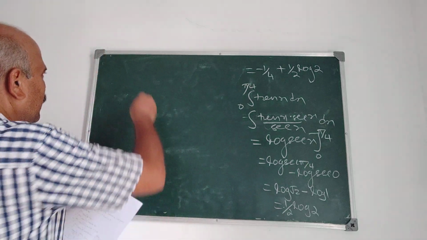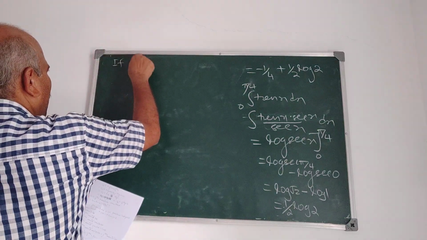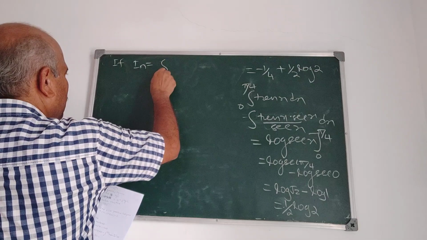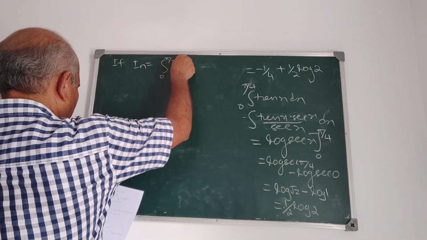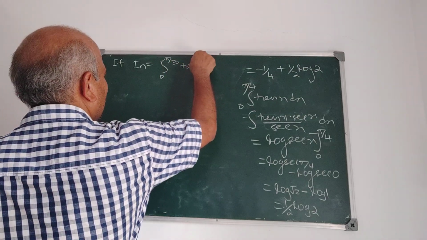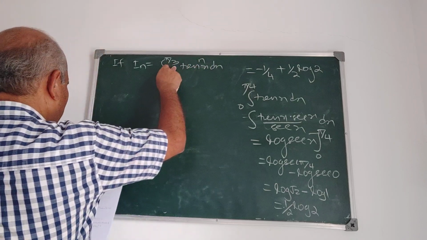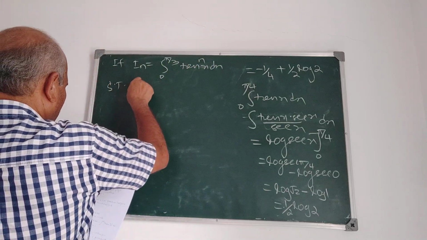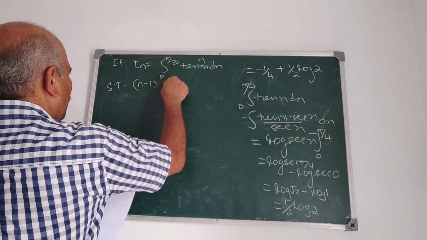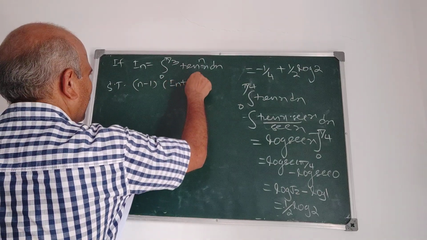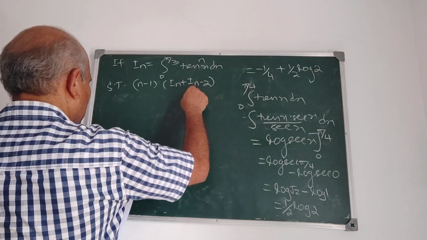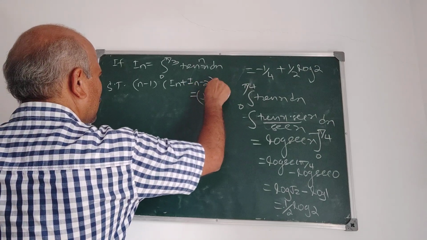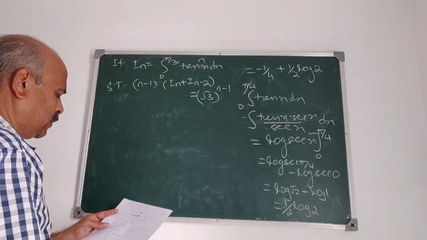Next is, if In is integral 0 to pi by 3 of tan x raised to n, show that (n minus 1)(In plus In minus 2) is equal to root 3 raised to n minus 1.